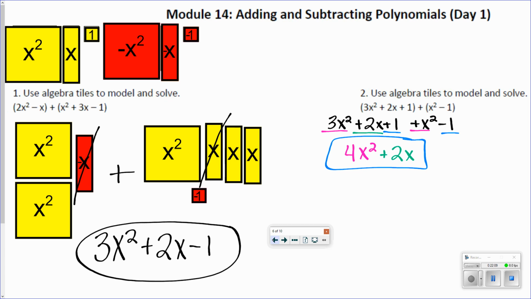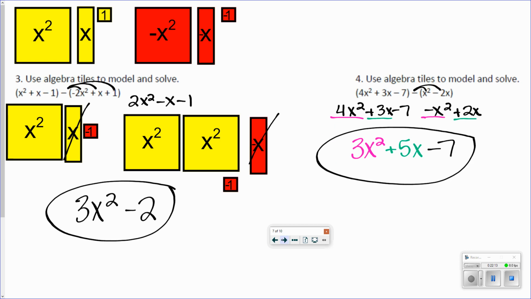Every answer we have done so far has been descending order. Anyone have a guess what descending order means? Correct. The exponents are decreasing. So the highest numbered exponent comes first, and then we go down in order. The constant, the thing without a variable, is always last.